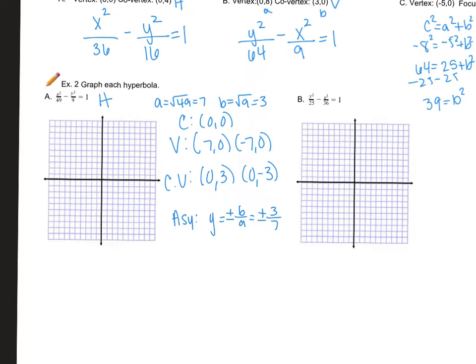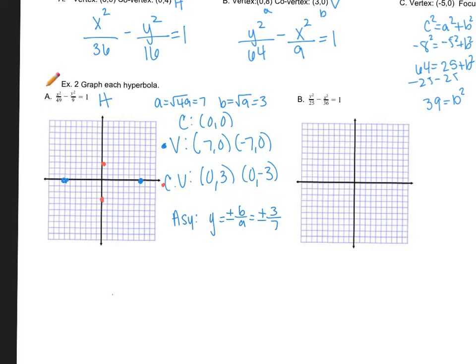So let's graph this. 1, 2, 3, 4, 5, 6, 7. Let's go ahead and graph our vertices. I'm going to graph those in blue. And then I'll change to red for my co-vertices. My co-vertices are at (0, 3) and (0, negative 3).